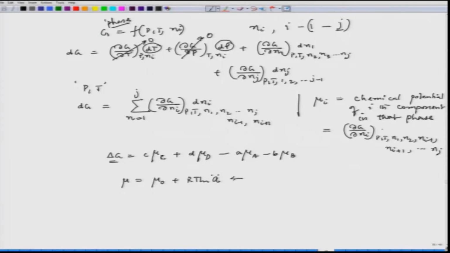We will come to that in our next lecture, but for the time being we will stop by saying that this equation will be put into this equation, and then subsequently we will progress and see the relation between free energy and equilibrium constant. So, let us stop here. We will continue in our next lecture. Thank you.